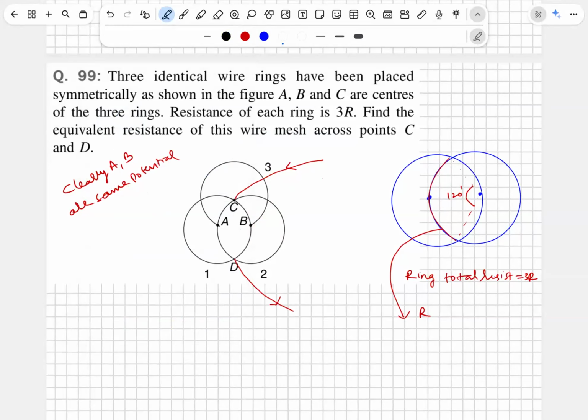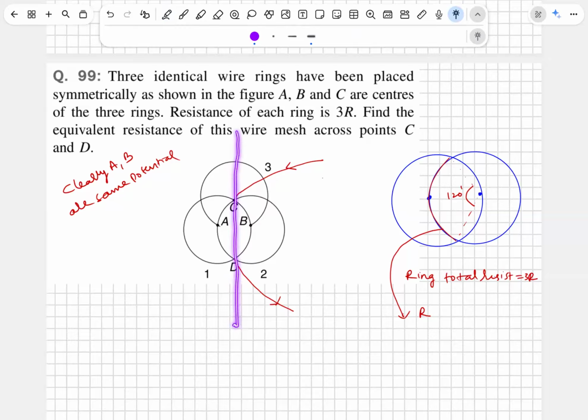I'll simply fold the circuit. Yes or no? Sure? Any doubt? When I am folding, any observation? That is okay.